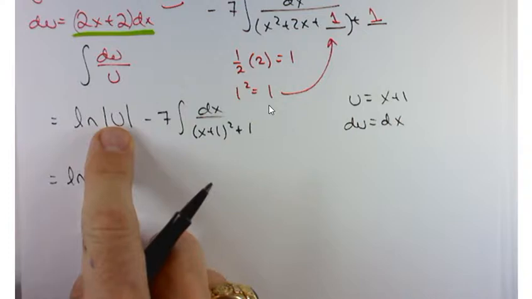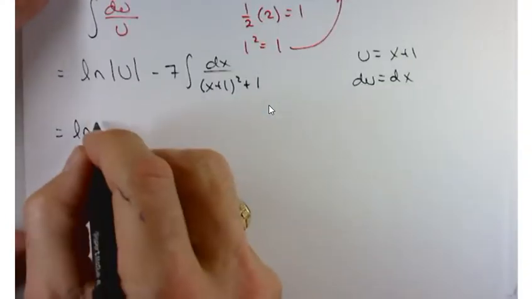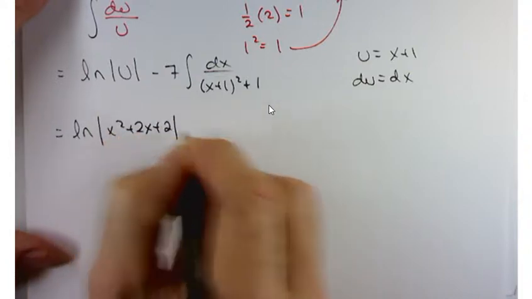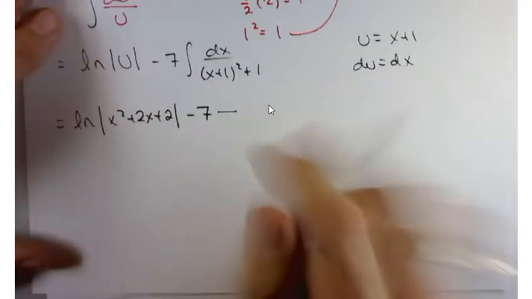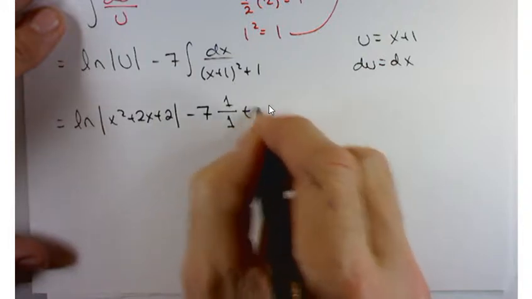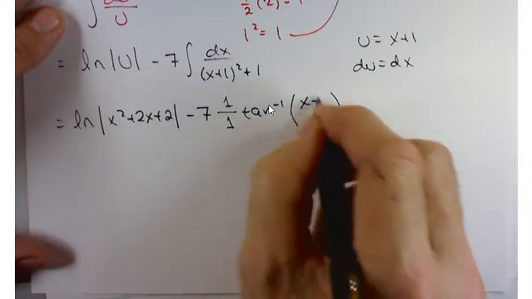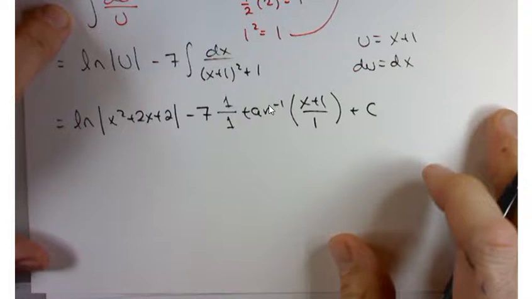For this next line, let me go back here and write that u is x squared plus 2x plus 2, minus 7 times 1 over 1 squared tangent inverse of x plus 1 over 1. And now we'll throw in the 1 constant for the whole thing.